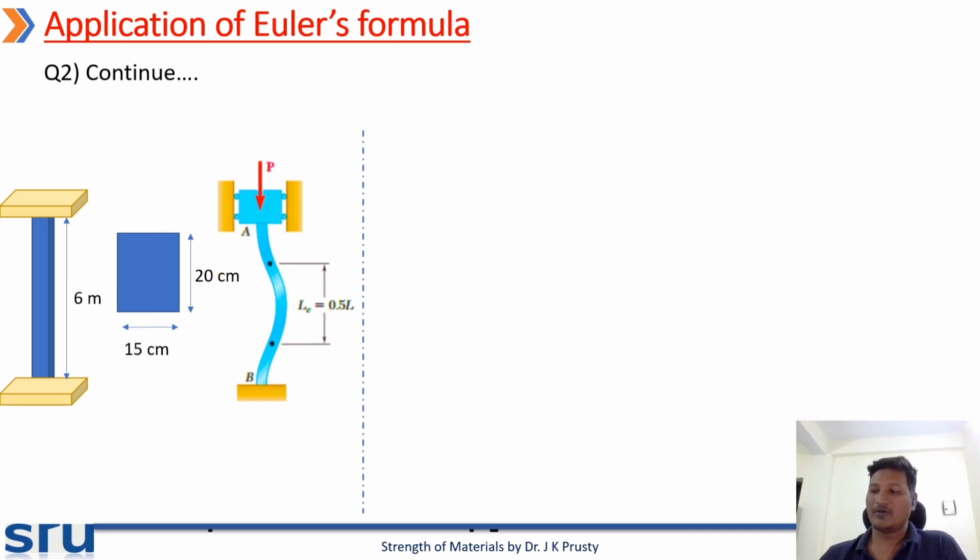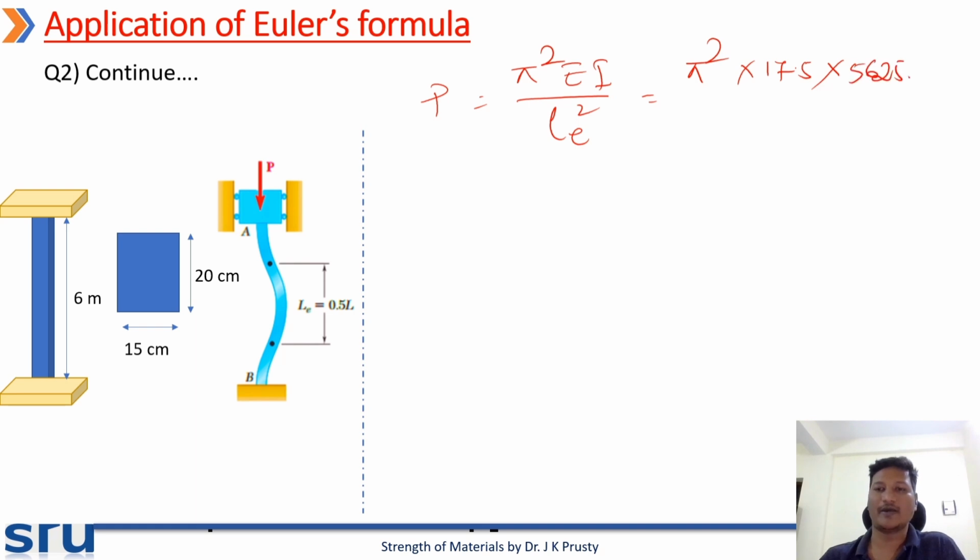So now we calculate the value of P, pi square EI by L_e square, equal to pi square. The value of E is 17.5 into 5624 into 10 to the 4 divided by 2000 square.